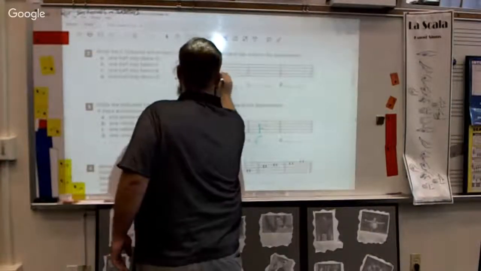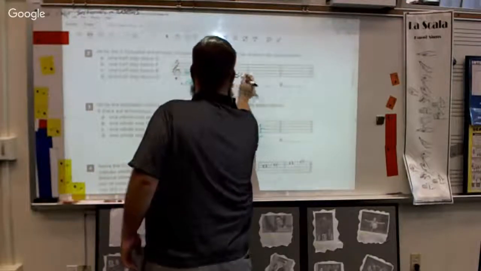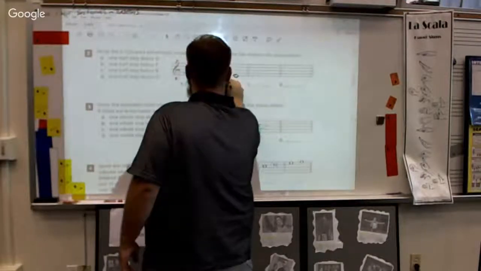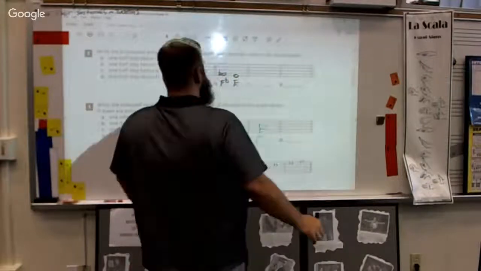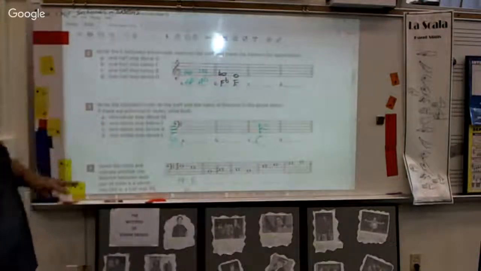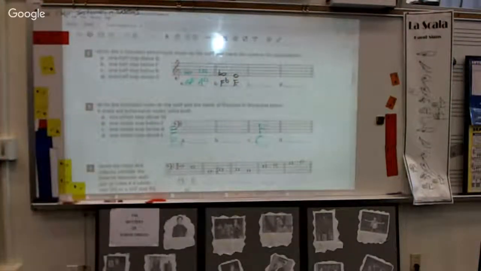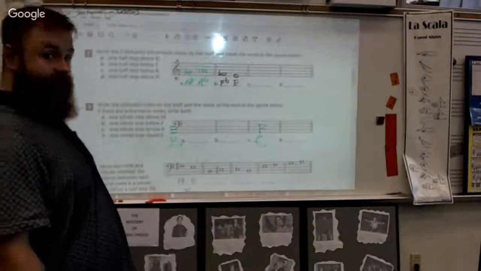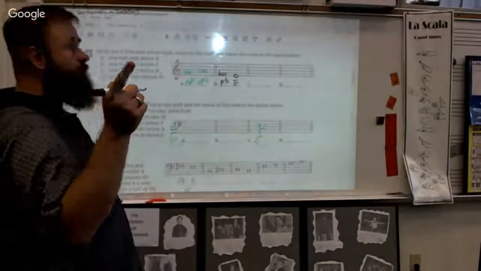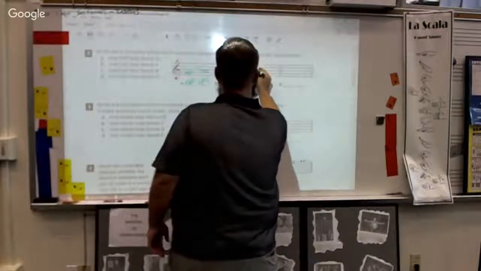So F flat and E. C, 1 half step below B. Leslie? B flat and A sharp. Nice.